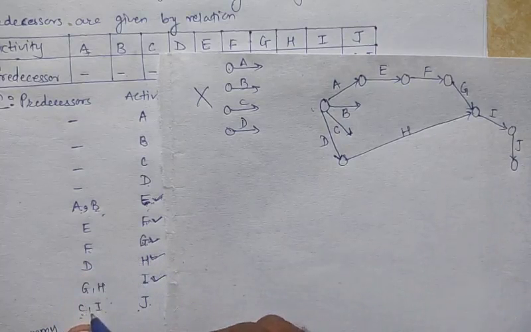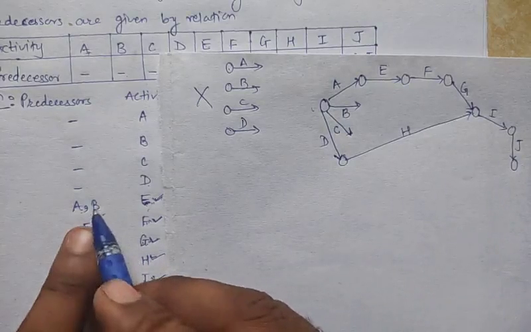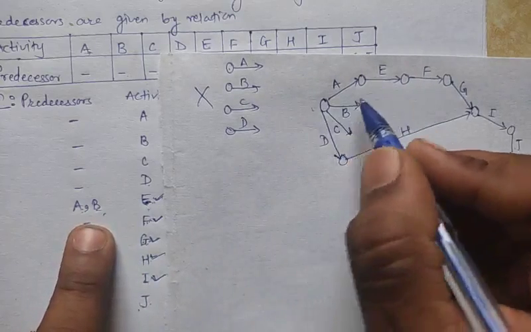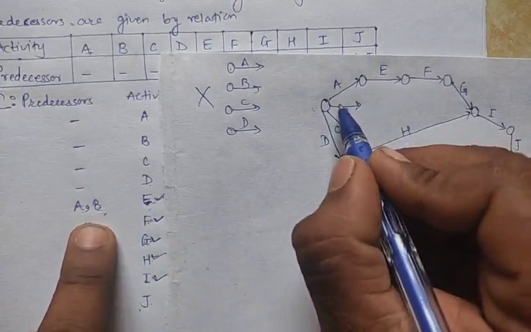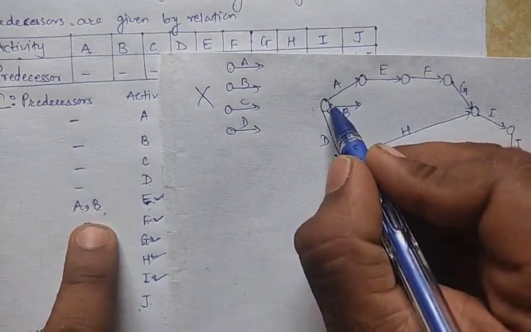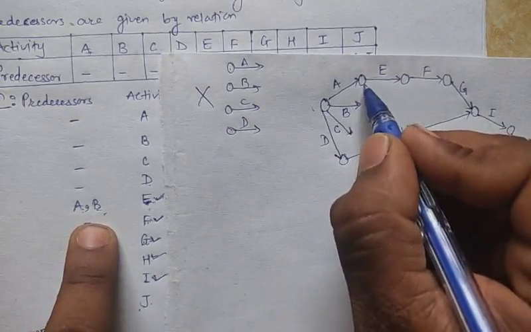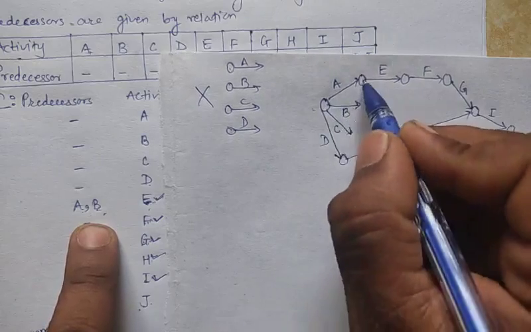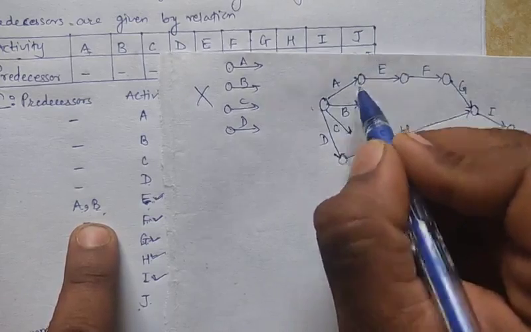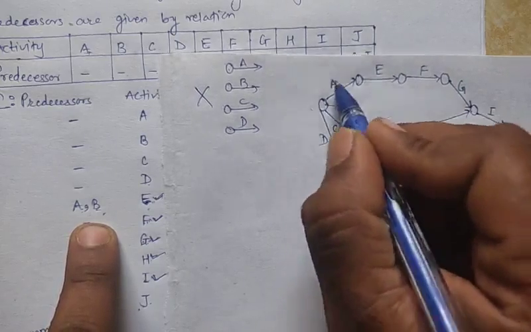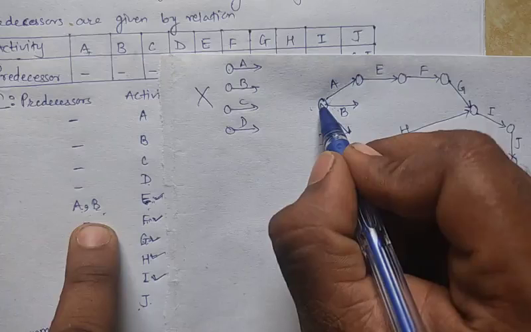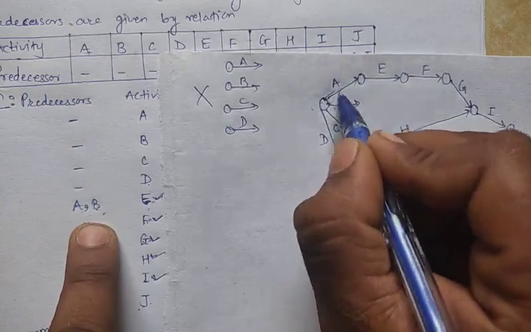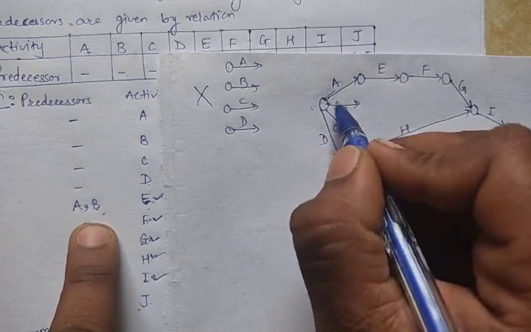Next, C goes to J and B goes to E. We know that no two activities can have the same start and end event. It means we cannot draw any two activities whose tail and end events are the same. Therefore, we have two activities A and B whose starting event is the same, so we make the angle between these two activities as large as possible.